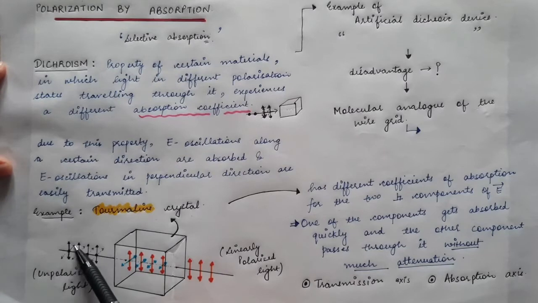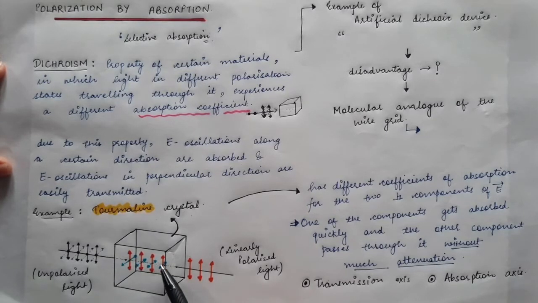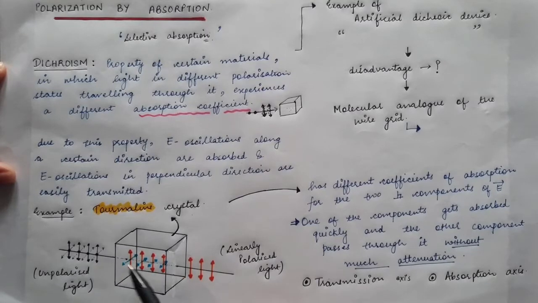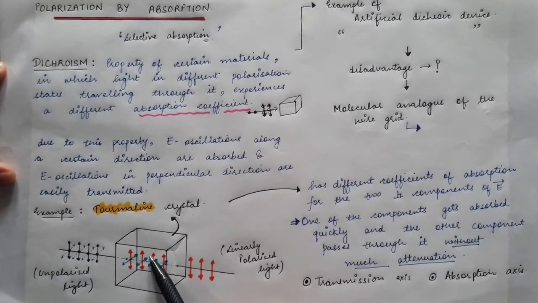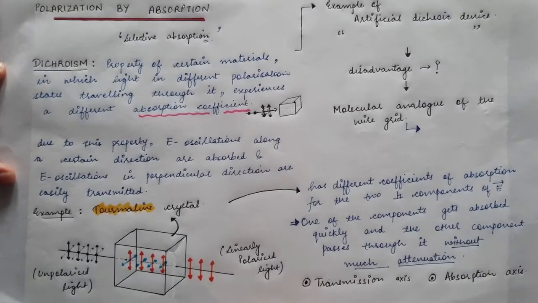Whereas the perpendicular component of the electric field experiences a high absorption coefficient inside this tourmaline crystal, due to which the component perpendicular to the plane of the paper gets absorbed as it travels inside the crystal. So I have decreased the magnitude of the electric field perpendicular to the plane of the paper along the length.